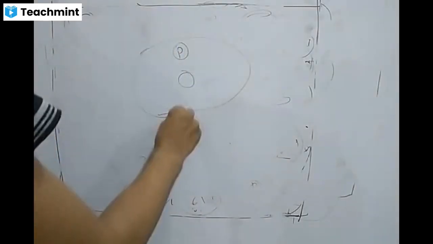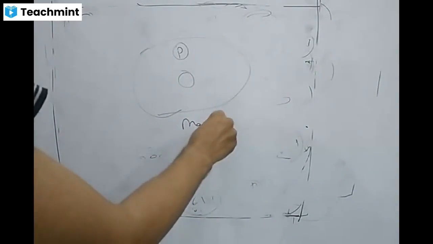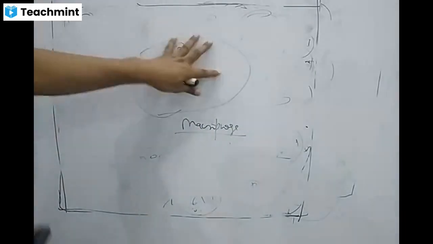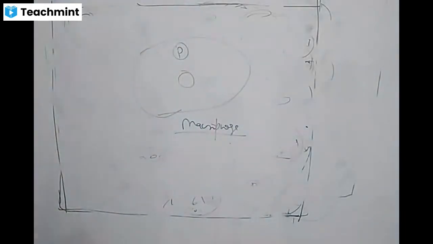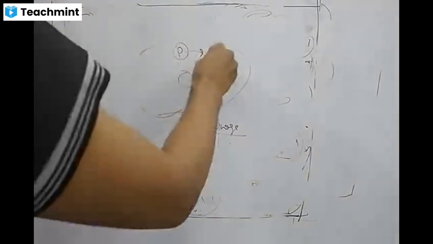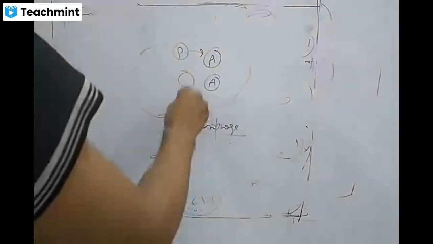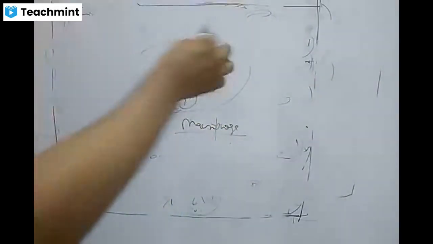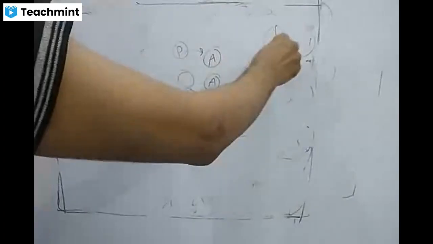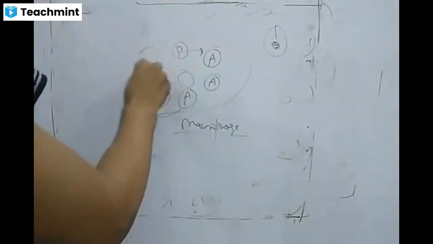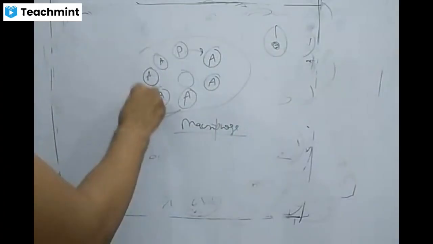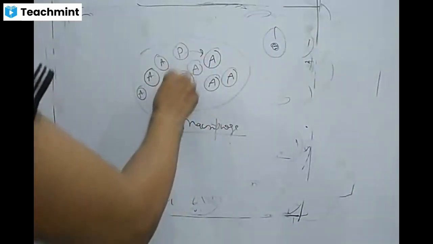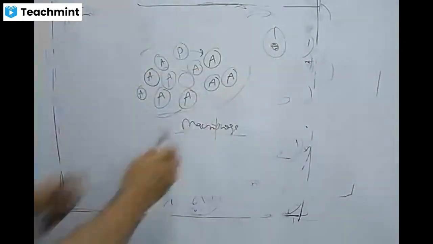This is the promastigote and this is your macrophage. Inside the macrophage, these promastigotes convert into amastigotes, many amastigotes. These amastigotes, which are nothing but your dot and dash, will keep on multiplying, and the cell swells up.